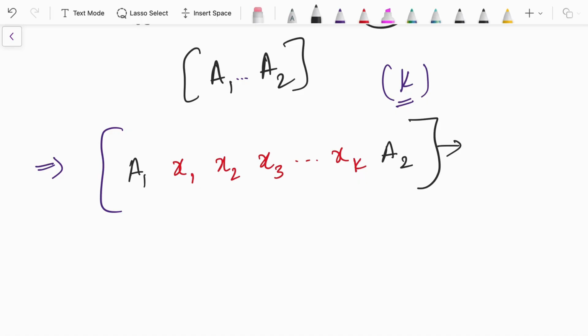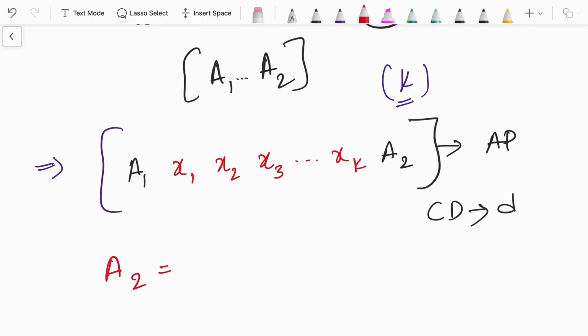So the resulting array that we have is an arithmetic progression, and let's call the common difference D. If the final array is an arithmetic progression, we can derive a relationship between the 2 elements A1 and A2.